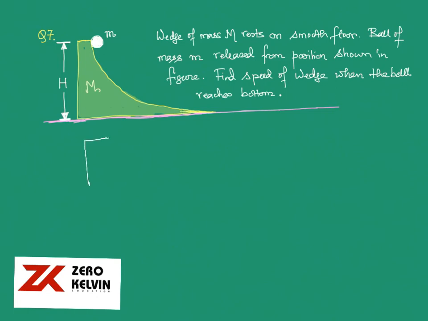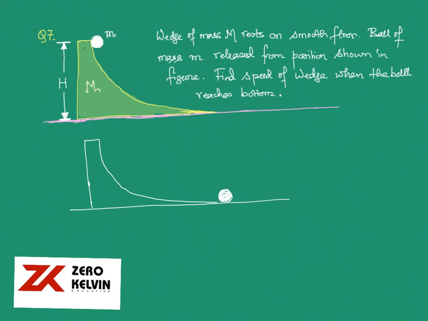So I'll draw the final position here. The initial state of the system is already drawn. So there is the ball. So you have to find out what?